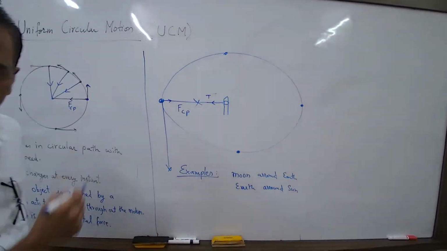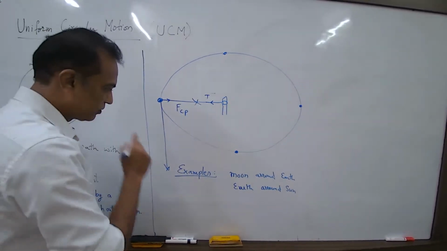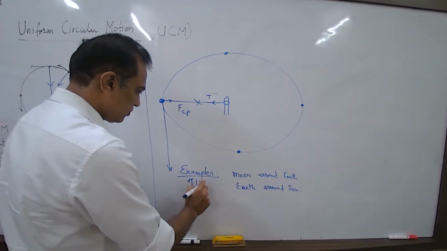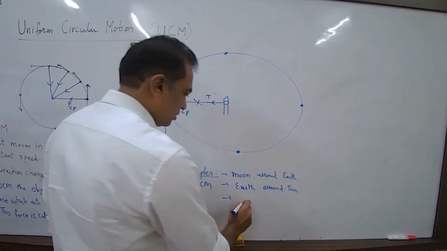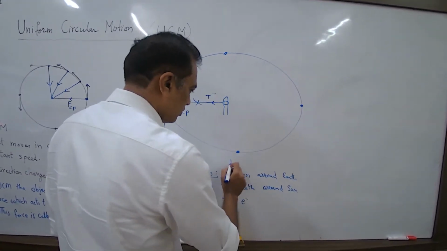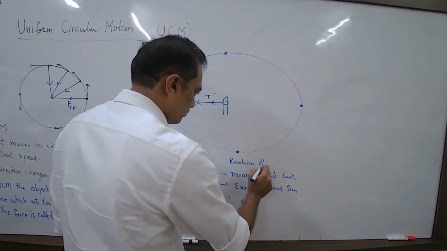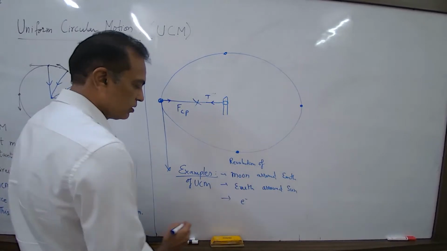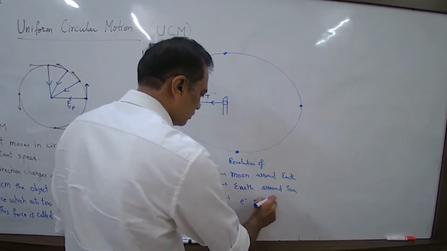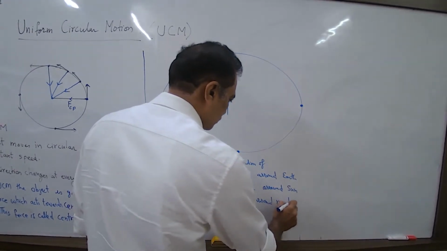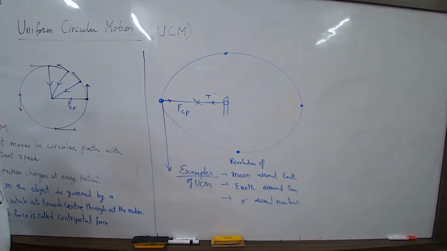That means its speed is constant. These are examples of uniform circular motion. Any other example? Revolution of electrons. So these are all revolutions: moon around Earth, Earth around Sun, electron around nucleus.